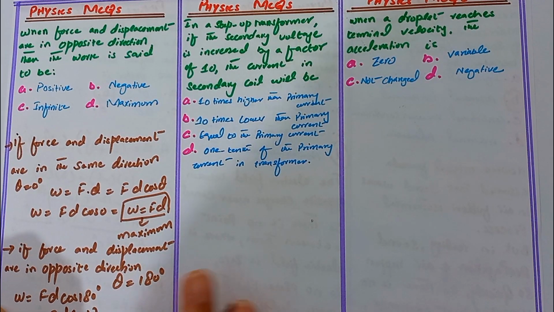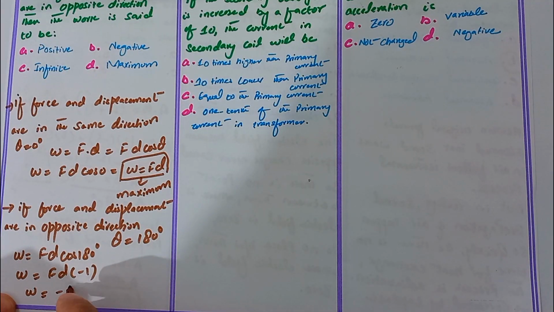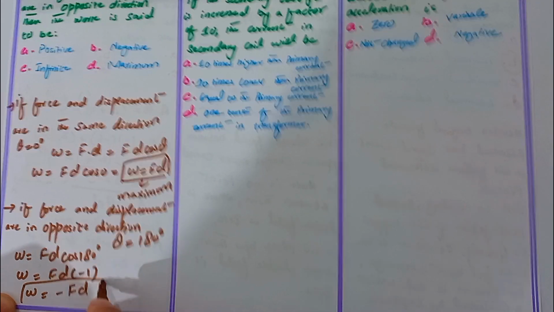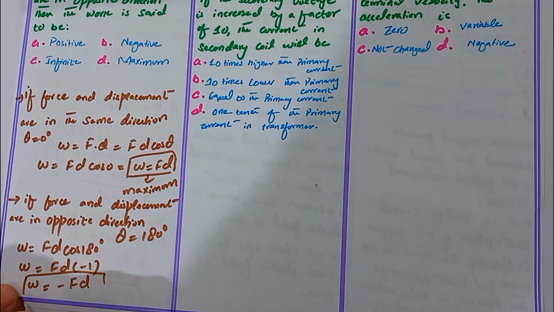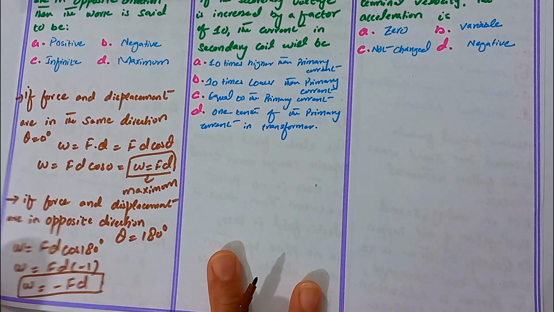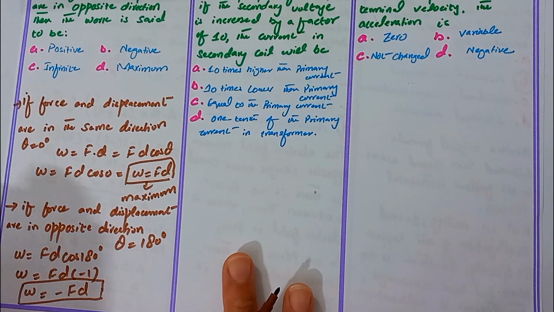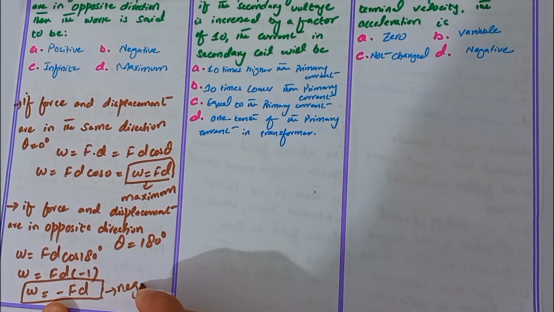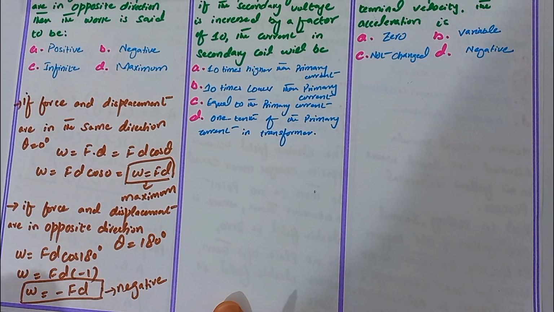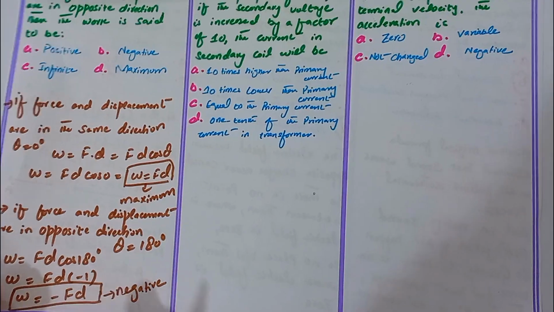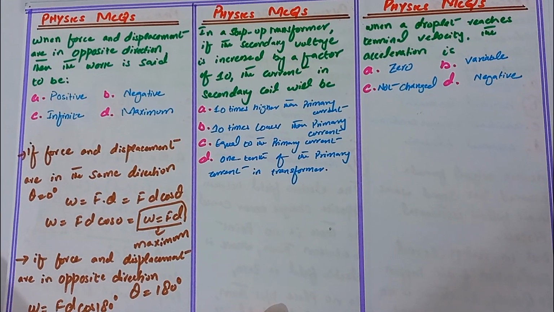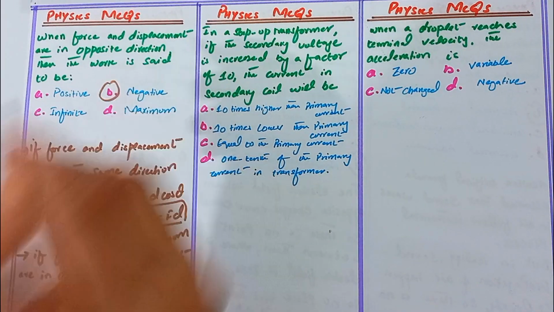So work is minus F times d. So here we calculate that work is negative when the force and displacement are in the opposite direction. So our correct option is option B, that is, the work is negative.